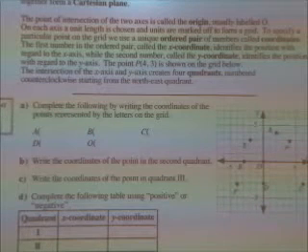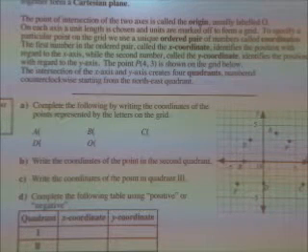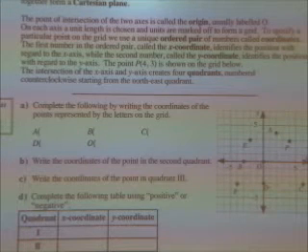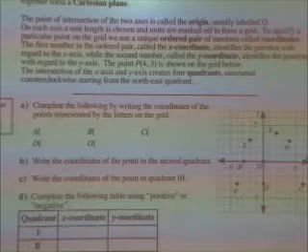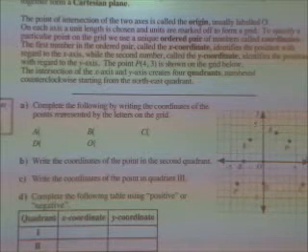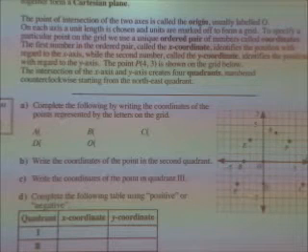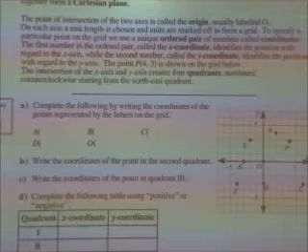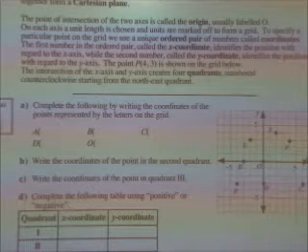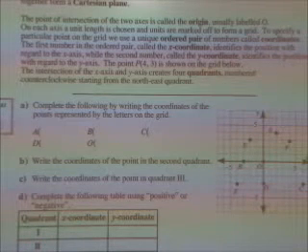On each axis, a unit length is chosen, and then everything's marked off. So we choose a scale. To specify a particular point on the grid, we use a unique ordered pair of numbers called coordinates. So in my ordered pair, which comes first? The x, and then y comes second. Alphabetical order, guys.